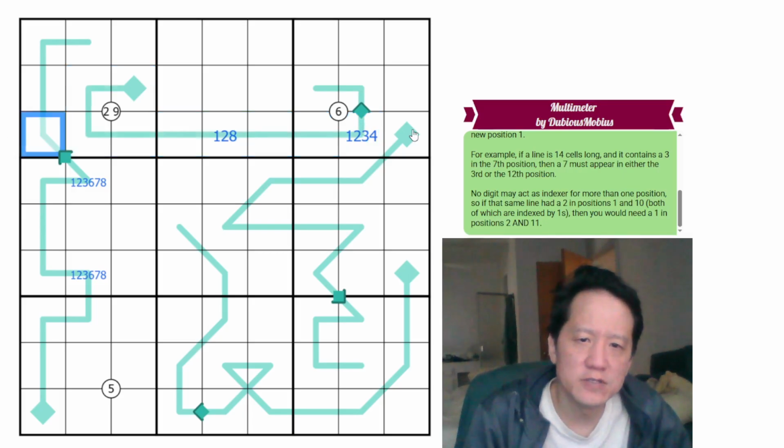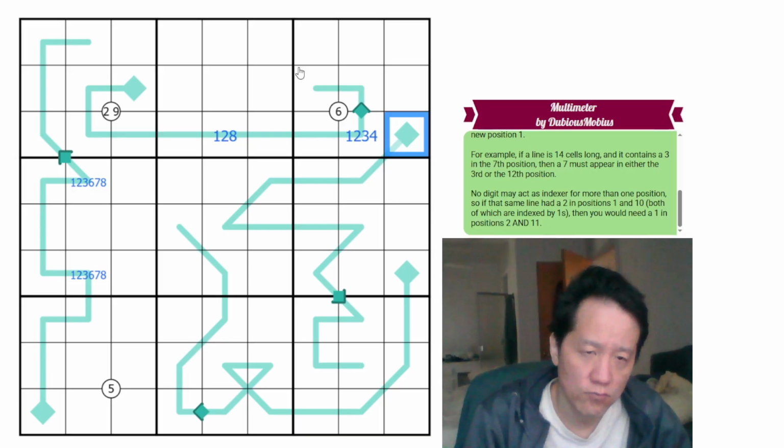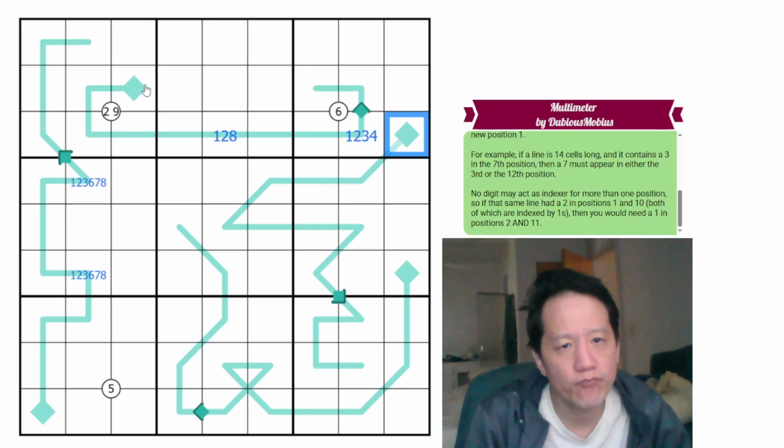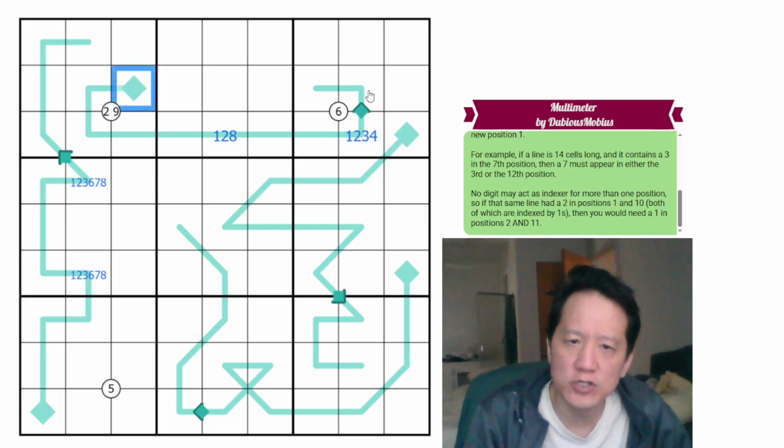So what happens if, say, these digits are certain, like, well... Don't there need to be 2 1s on this line and 2 2s on this line, right?